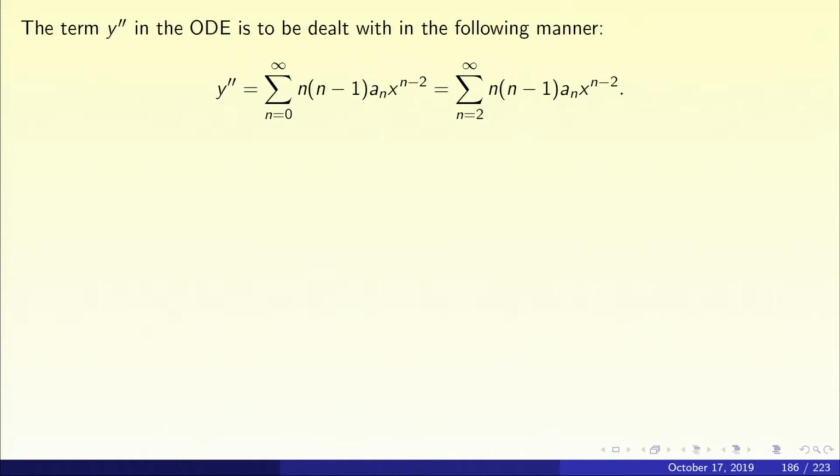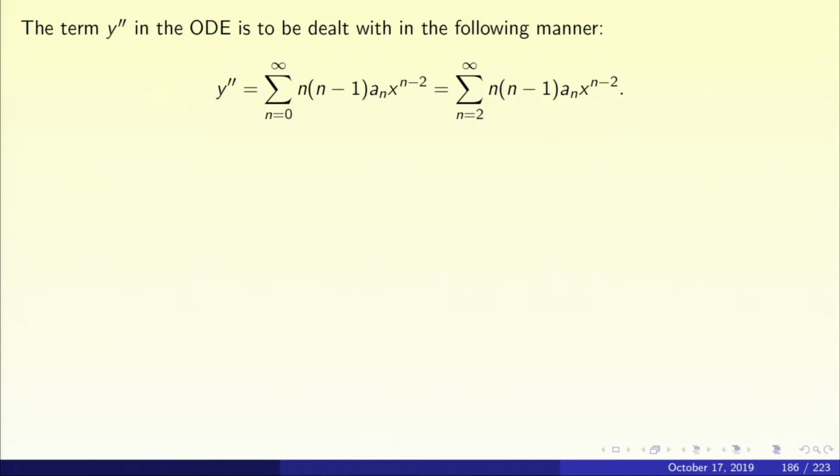Alright, there is also the term y double prime in the ordinary differential equation. Let's see how to deal with y double prime. So when you differentiate the power series twice, you get y double prime equal to summation n from 0 to infinity n into (n minus 1) a n x to the power n minus 2. Now observe that when n equal to 0 and when n equal to 1, the terms vanish.